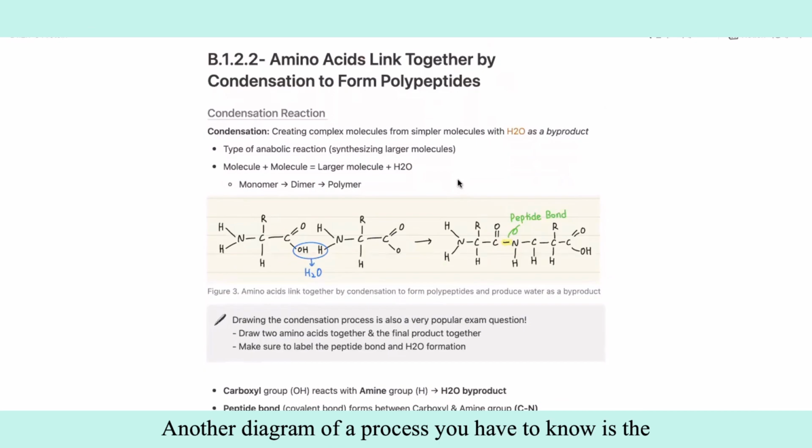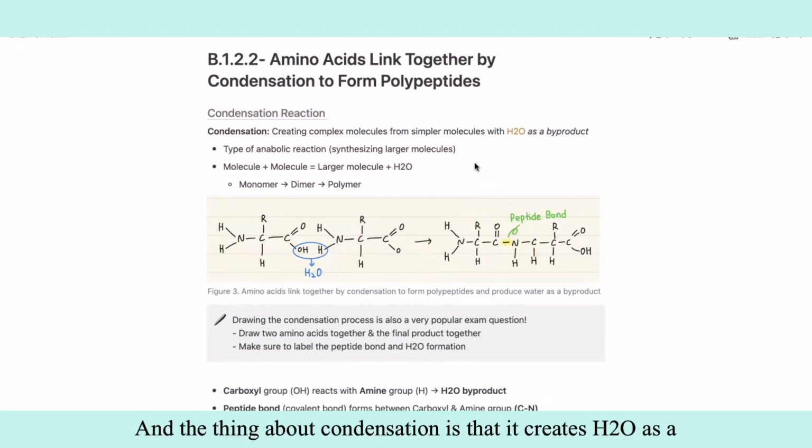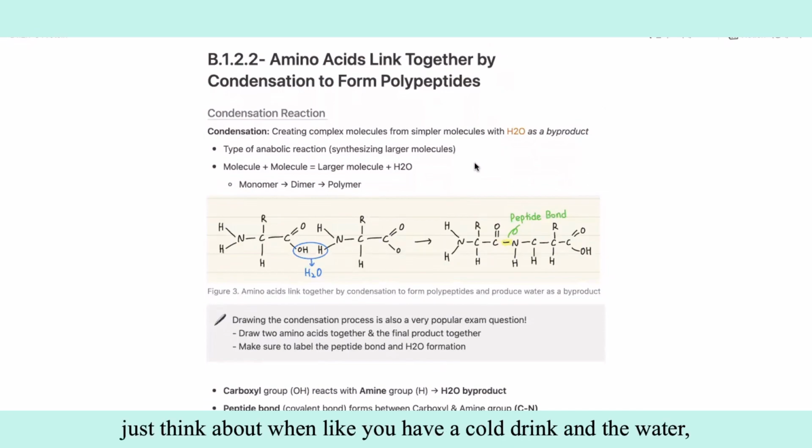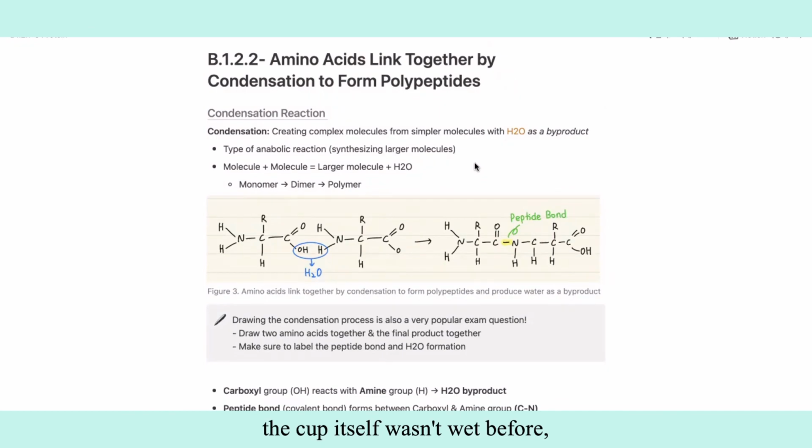Another diagram of a process you have to know is a condensation reaction. Condensation is creating complex molecules using smaller and simpler molecules. And the thing about condensation is that it creates H2O as a byproduct. To remember this, just think about when you have a cold drink and there are droplets of water outside of the cup even though the cup itself wasn't wet before.